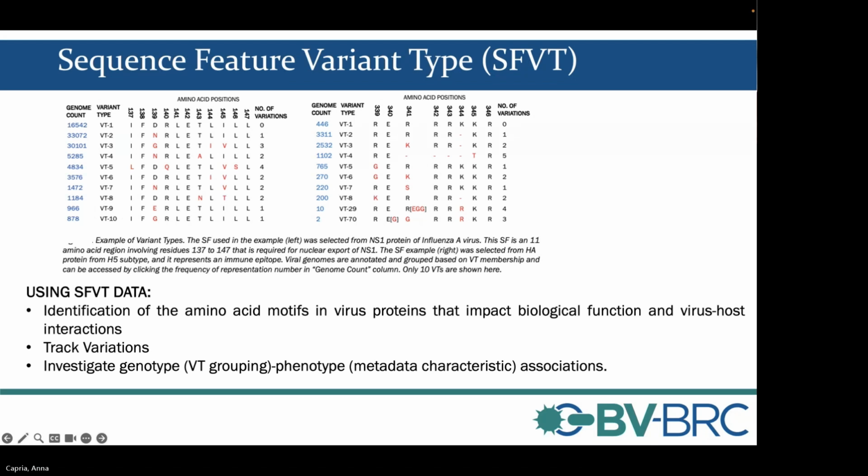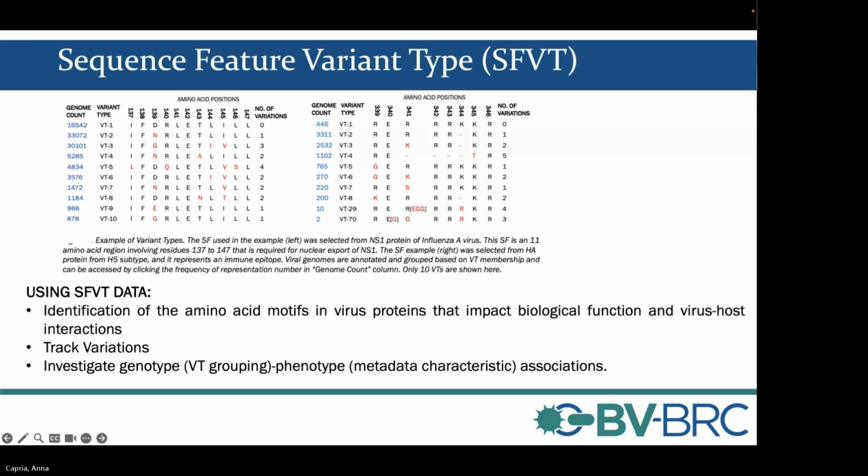Our next slide. Yes. So this is an example of what a variant type looks like. There we have genome count, but in our database, that column is protein count. So we'll have a protein count and then a variant type number. And then you can see the amino acid position. Those are our reference coordinates, the coordinates of the region.